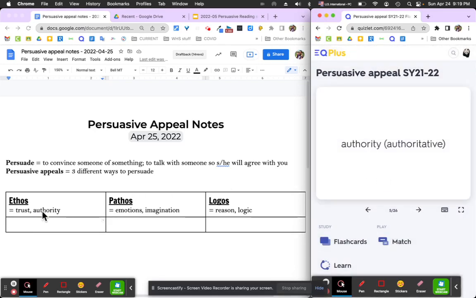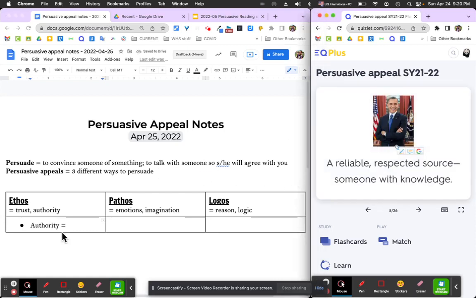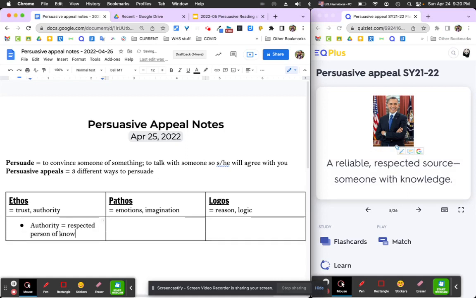He is an authority, someone who is a respected person of knowledge. You guys trust me, hopefully, to teach you English, right? That's kind of my hope.